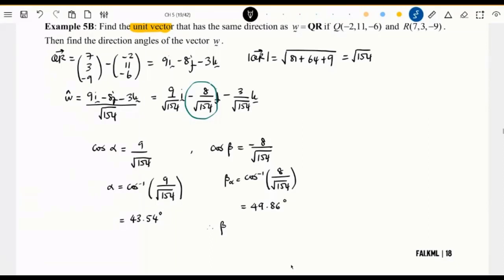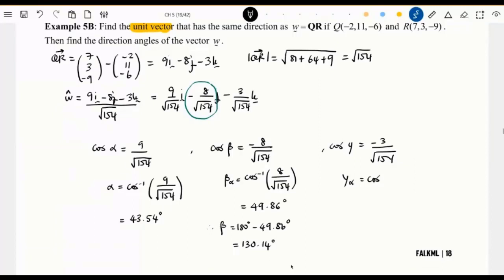Okay, so 180 minus 49.86 kita dapat 130.14.